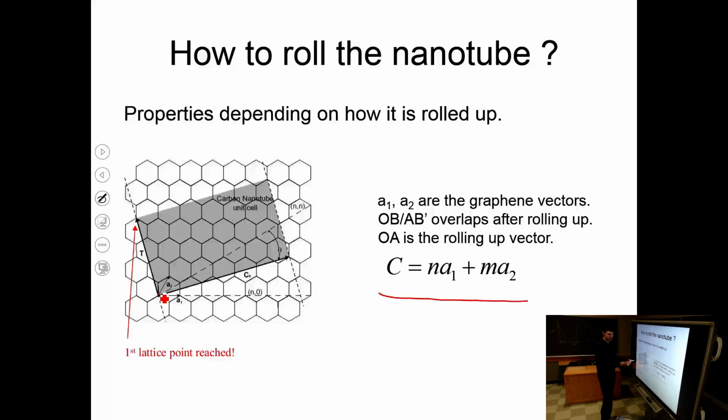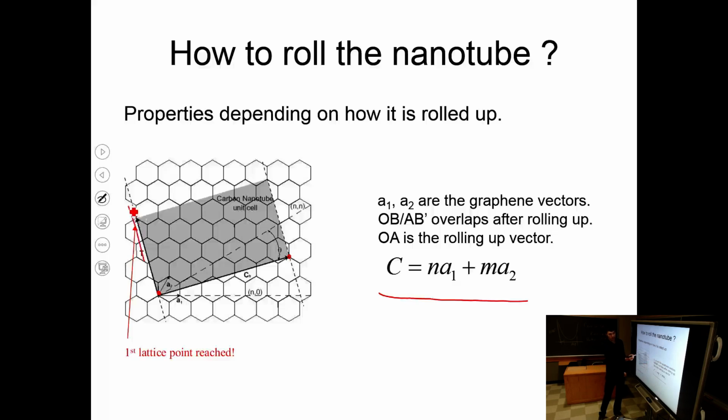So here is a general example where the equivalent points on the nanotube are the red points here. So this is how it's going to be rolled. This is the vector c in this direction. So this is a vector c, n m.